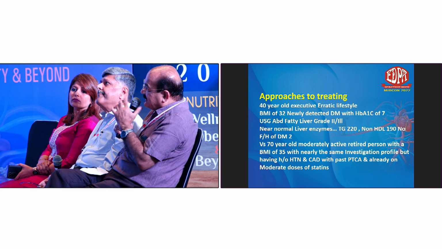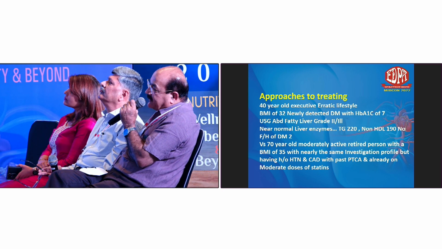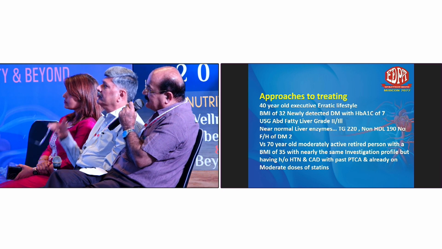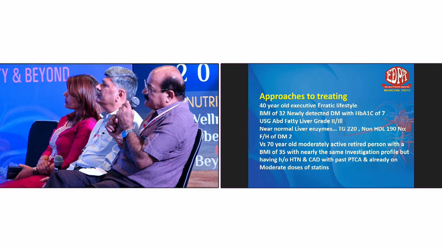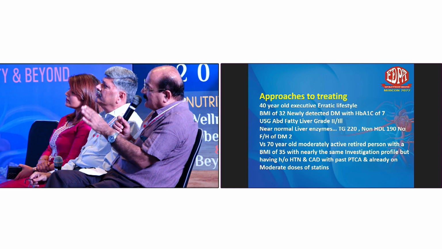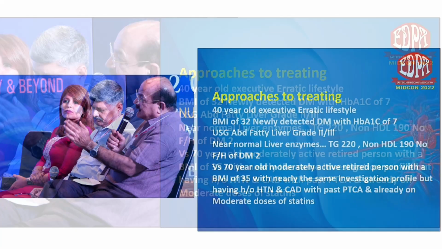In this patient, another important thing is that the ultrasound is showing grade 2 to grade 3 fatty liver. Although you are saying that enzymes are normal, there is too much subjectiveness in ultrasound. I'll not take it at simple face value, even if enzymes are normal.